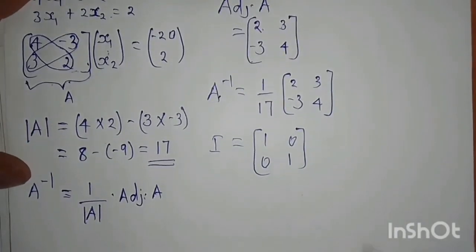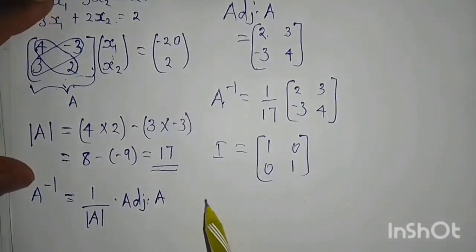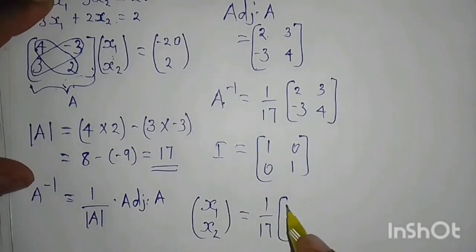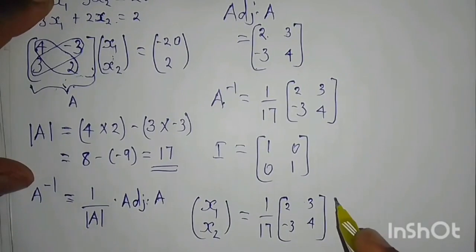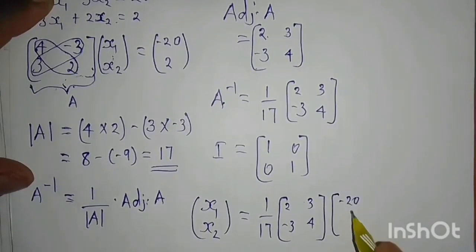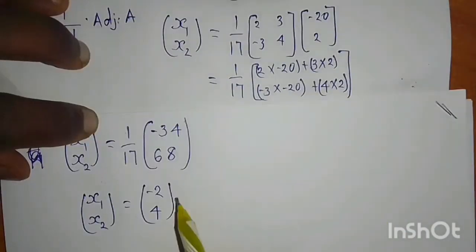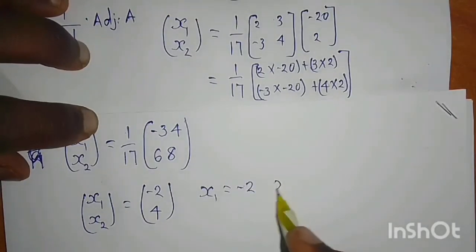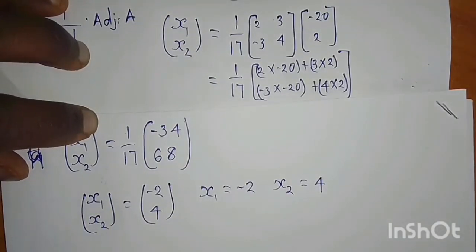Therefore, if we multiply both sides by the inverse of the matrix, we will have x1 to be negative 2 and x2 to be 4. So that is the matrix method.